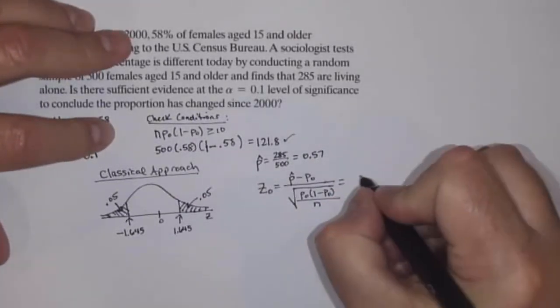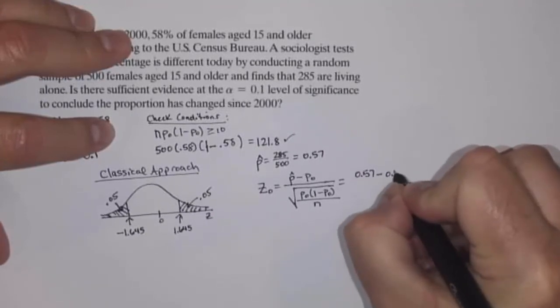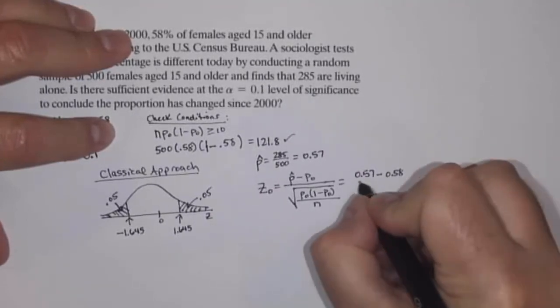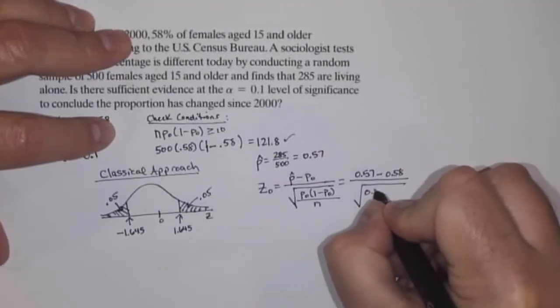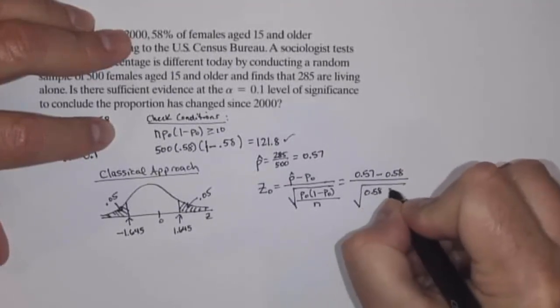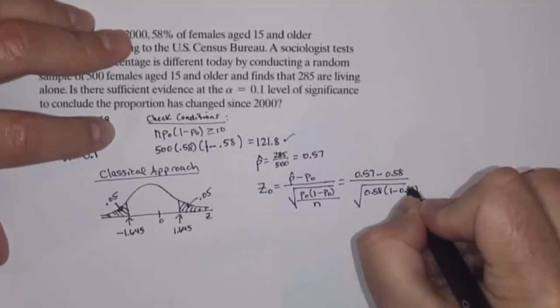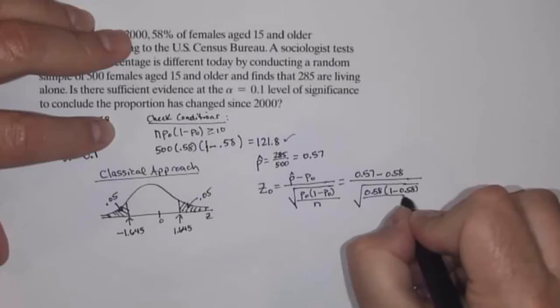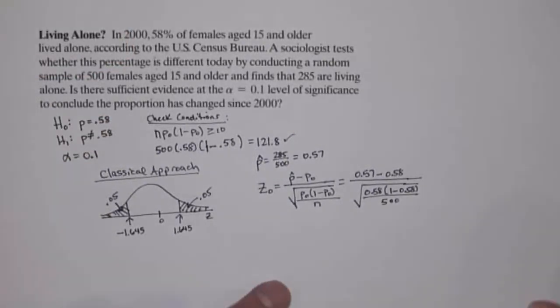So that's going to be 0.57 minus 0.58, again that's from the null hypothesis, divided by the square root of 0.58 times 1 minus 0.58, and that's over 500 because that was the sample size.